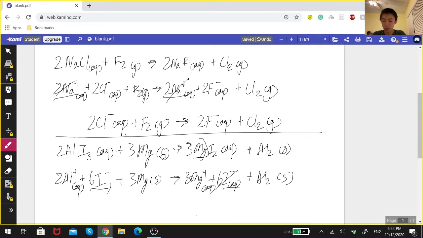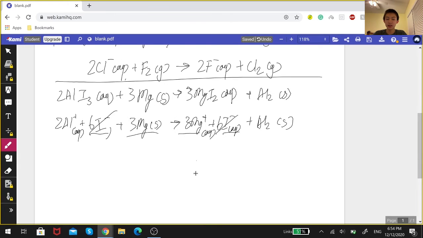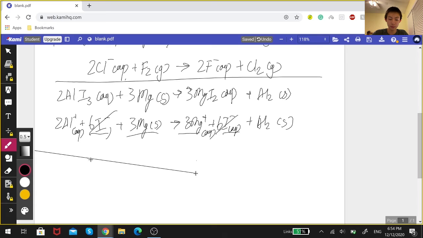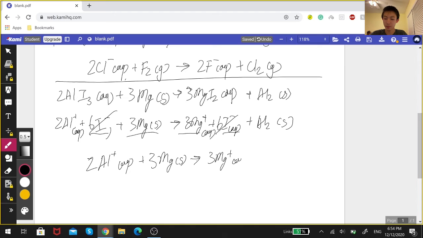However, this Mg is bonded with I2, so it will have a charge of 1 plus, and that makes the difference, which is why we do not cross these two Mg out. So this will be 2Al plus aqueous plus 3Mg yields 3Mg plus aqueous plus Al2 solid.